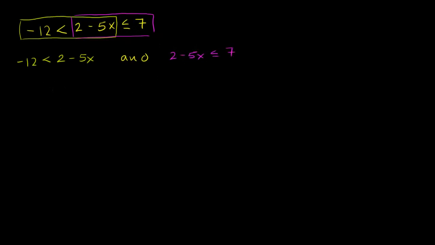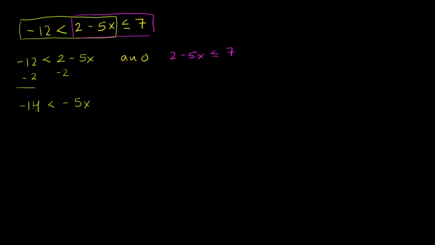So let's just solve this the way we solve everything. Let's get this 2 onto the left-hand side here. So let's subtract 2 from both sides of this equation. The left-hand side becomes negative 14 is less than, these cancel out, less than negative 5x. Now let's divide both sides by negative 5. And remember, when you multiply or divide by a negative number, the inequality swaps around.